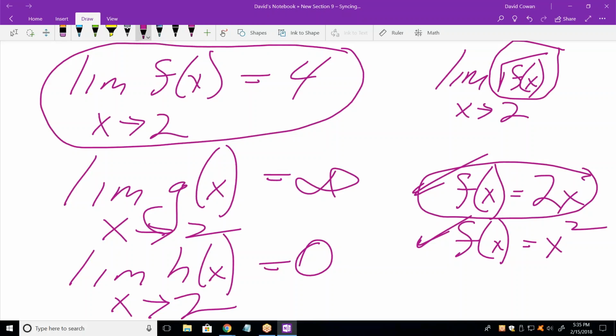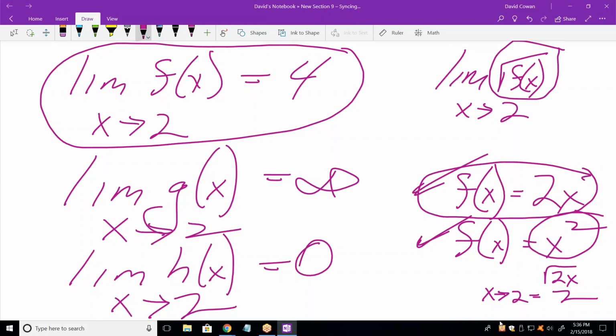If we take the square root of it, well, the square root of that is the square root of 2x. Now, what does that do? As x approaches 2, that goes to 2. And if we use this one, x squared, and what does that do?